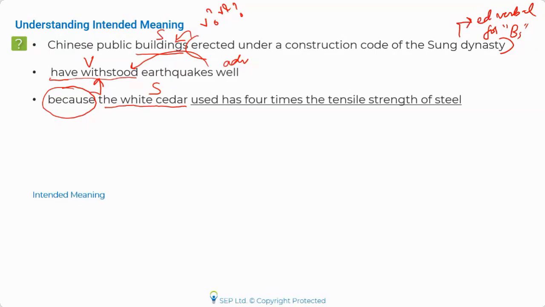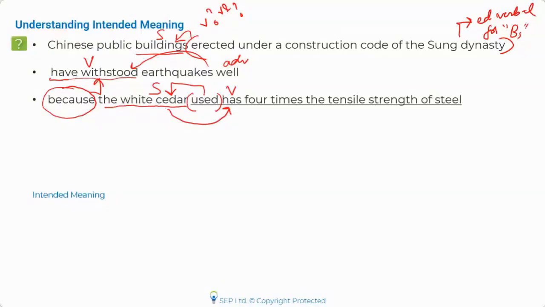The white cedar used. Now clearly used here is again an ed verbal. Because again, if I ask the question, what used? The cedar did not use anything. So the subject is cedar and has is the verb. The white cedar used means used where? Probably used in these buildings.